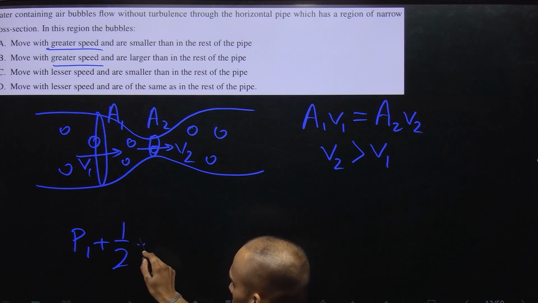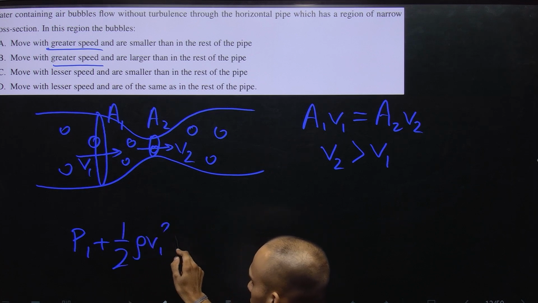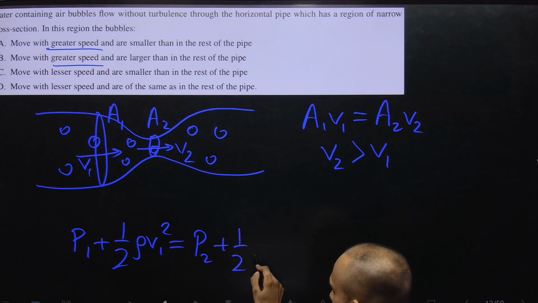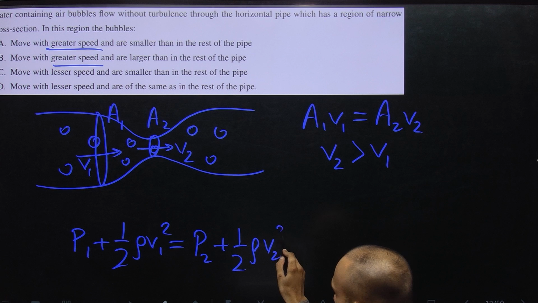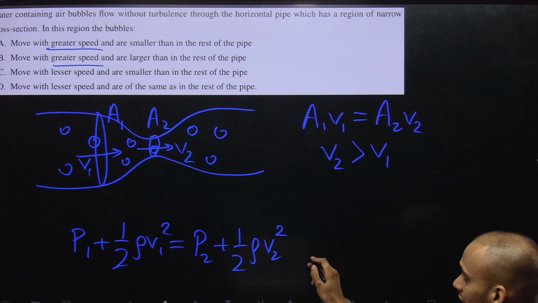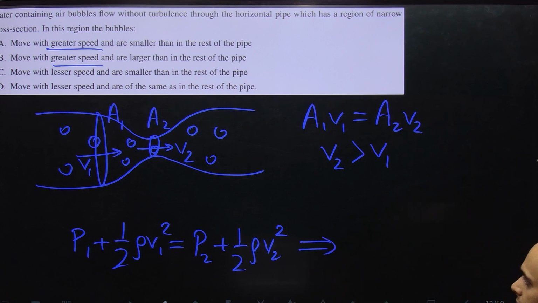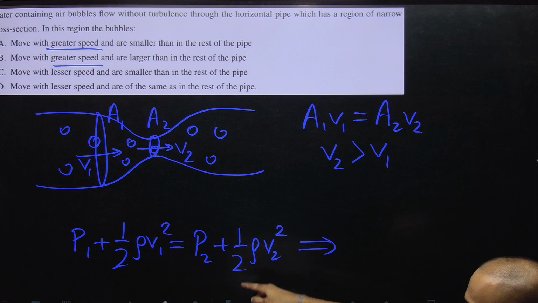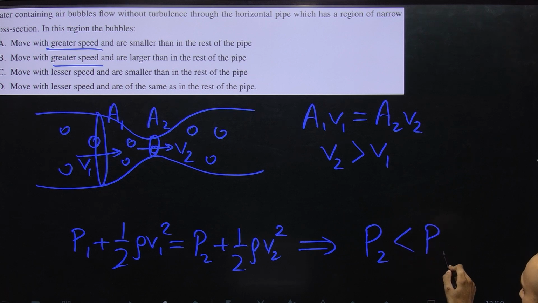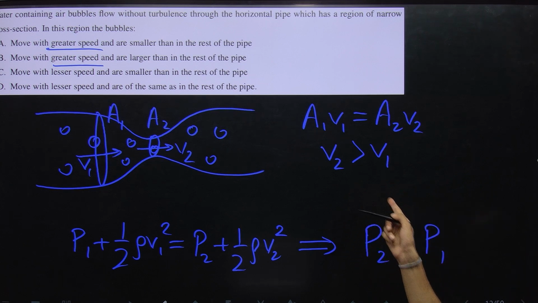Kinetic energy, half rho V1 squared, plus P1 should equal P2 plus half rho V2 squared. Since V1 squared is less than V2 squared, P2 should be less than P1.